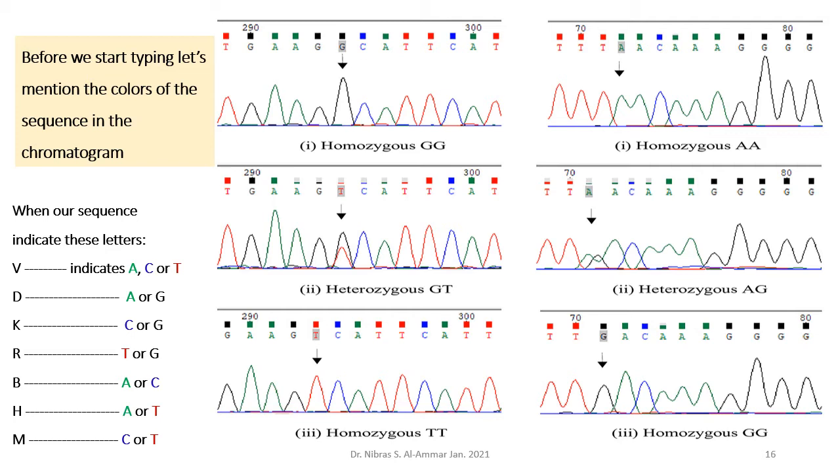D indicates A or G, K, C or G, R, T or G, and B, A or C. The H, A or T, M, C or T. That means when we see these letters V, D, K, or either one of them, that means that one of the two base pairs appears here.